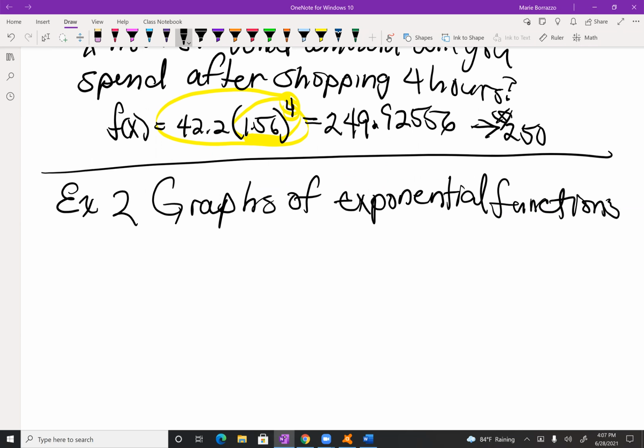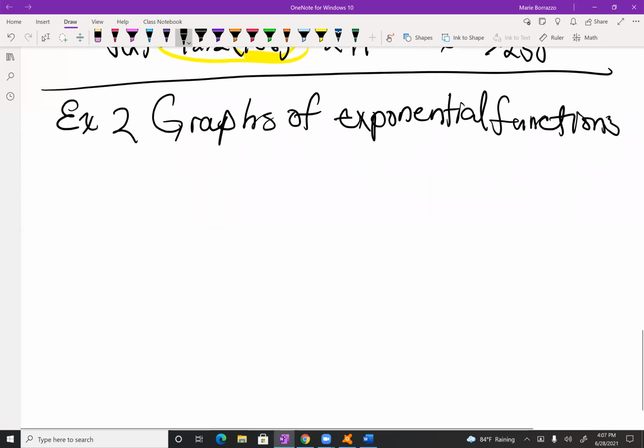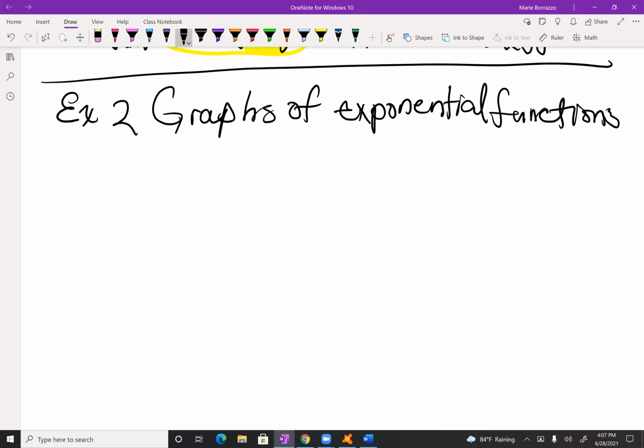So there is a parent graph for exponential functions, which is the one they're asking you to graph. They're asking you to graph, in this case, f of x is equal to base 2 raised to the x. And that is the parent function that we need to learn for this.